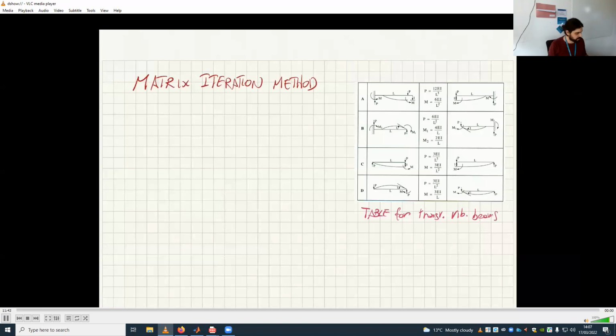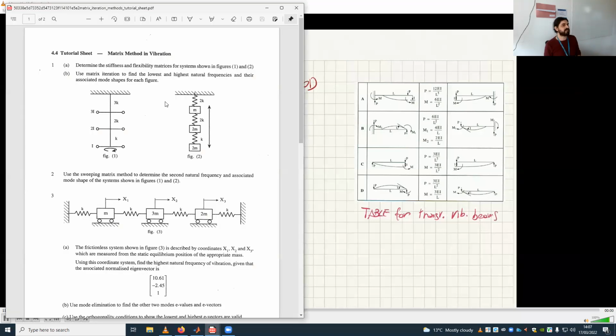Okay, what do you remember about the matrix iteration method? There are two equations. We'll spell them out later because the first part of the question says find the stiffness and flexibility matrices of this particular system.